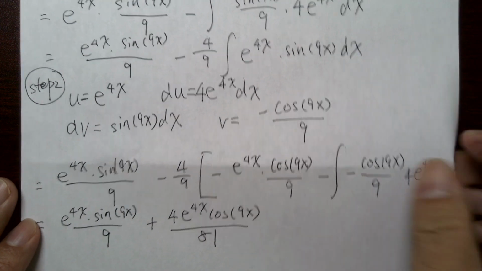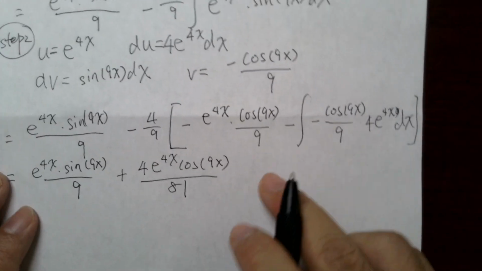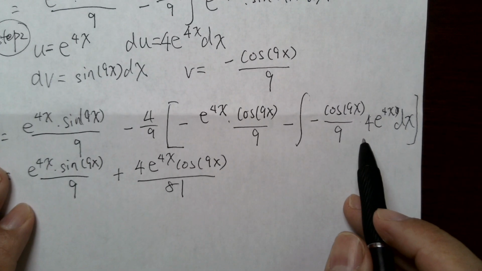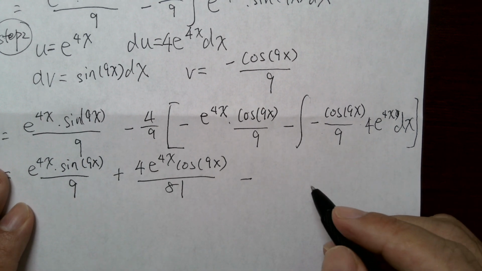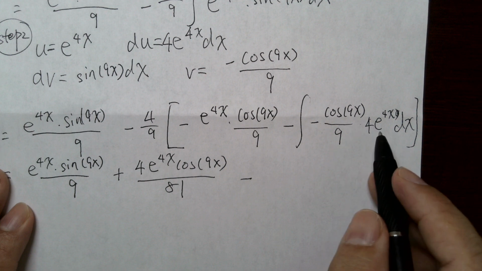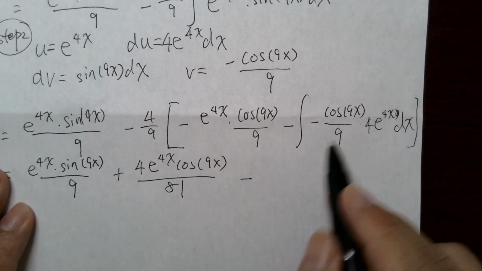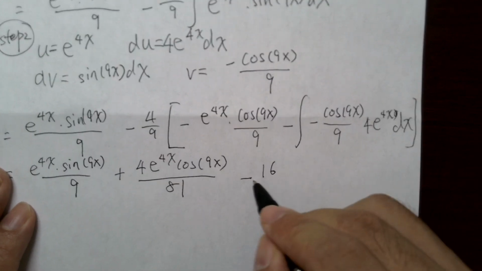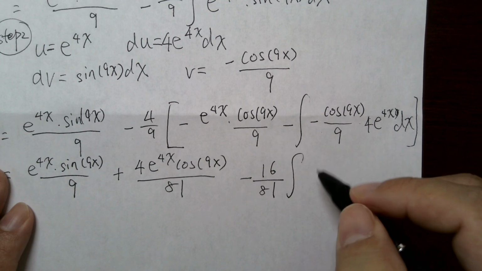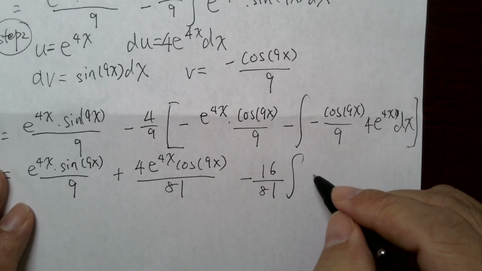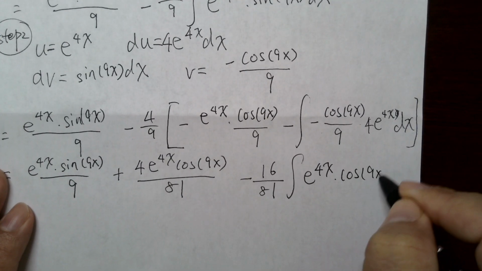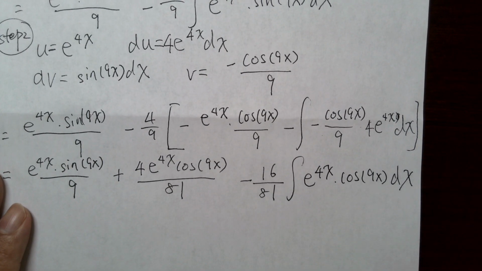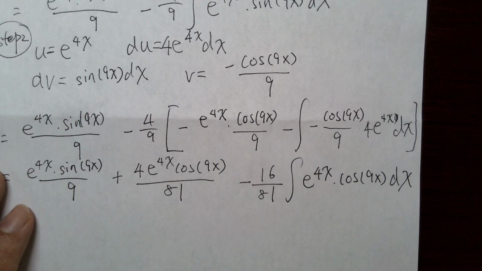And then we have minus, minus, minus, so still a minus. Let's factor all the constants out: 4 over 9 times 4 over 9 is 16 over 81 times the integral of e to the power 4x times cosine of 9x dx. Okay, so this is what we have.